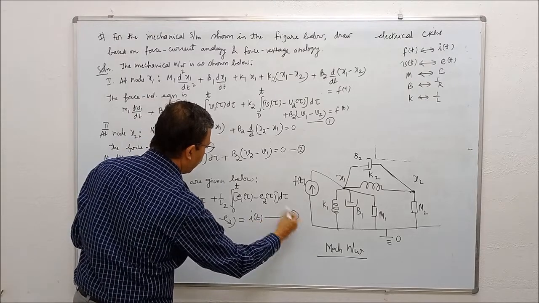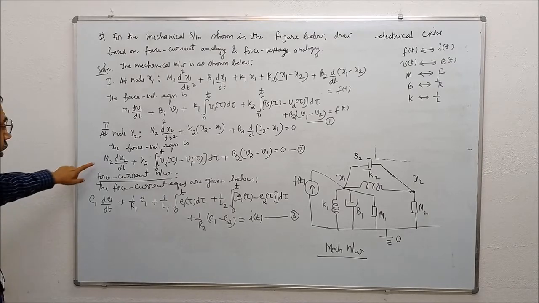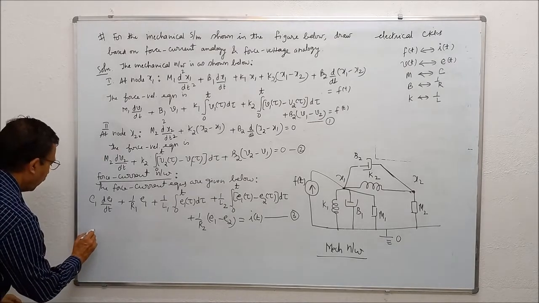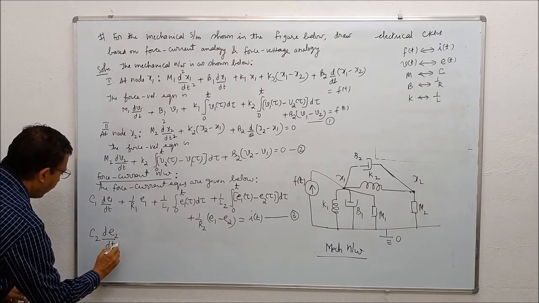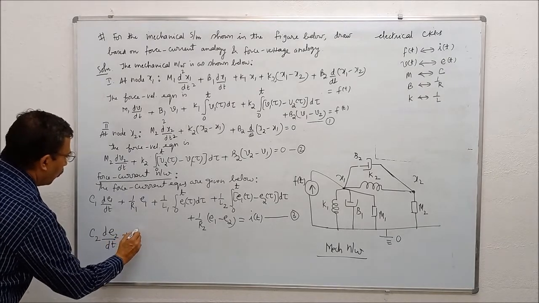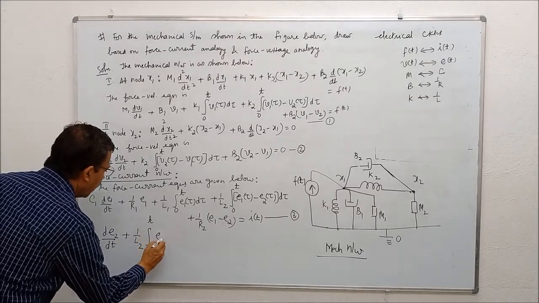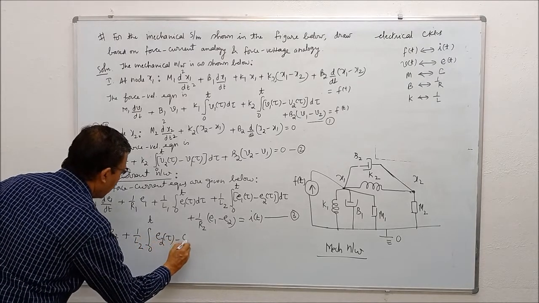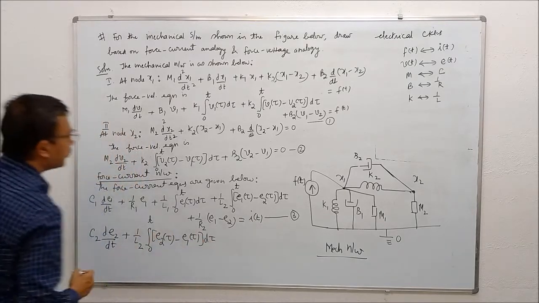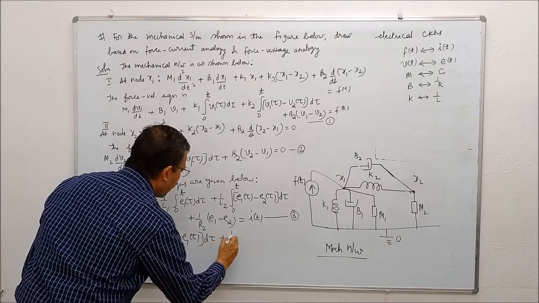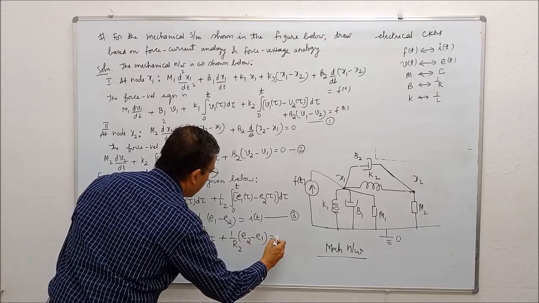This is equation 3. Now I come to equation 2. M2 is replaced by C2, V2 is replaced by E2 plus 1 by L2 integral 0 to t E2 of tau minus E1 of tau d tau plus 1 by R2 E2 minus E1 equal to 0.